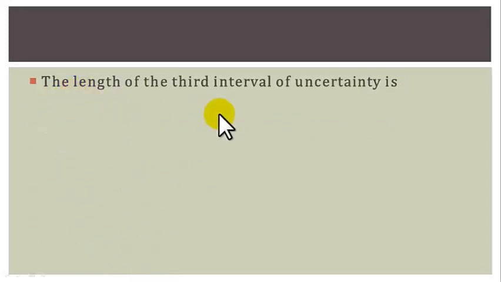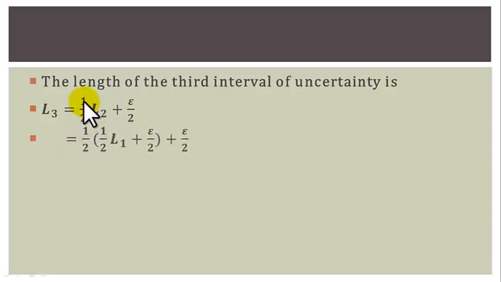The length of the third interval of uncertainty can be obtained in terms of L2 as follows. L3 equals half L2 plus epsilon all over 2. If we now substitute for L2, we can express L3 in terms of L1 as half into L2 is half L1 plus epsilon all over 2, then plus this epsilon all over 2.